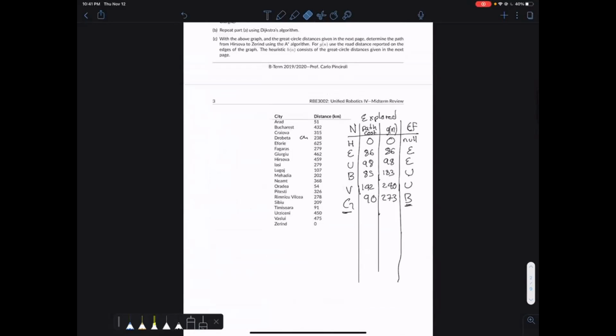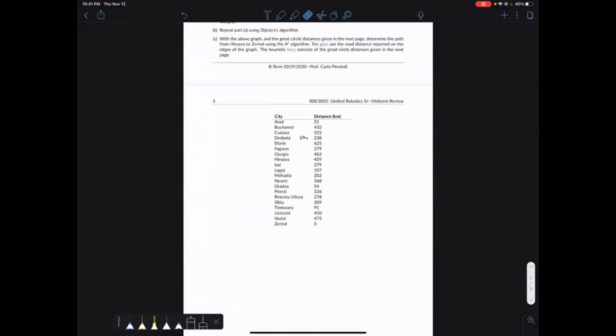Okay, so A star example, best time. Let me just erase all of this. So we're going to set up the same chart. We're going to have our explored list, and a couple different columns now because we're doing A star.